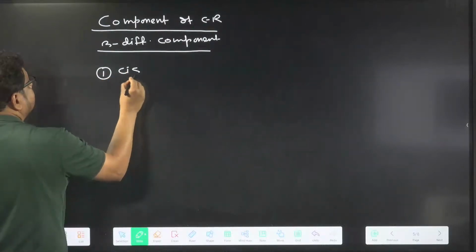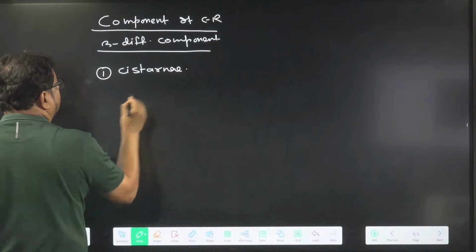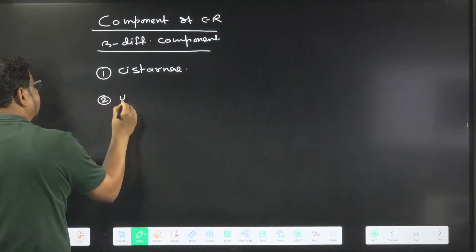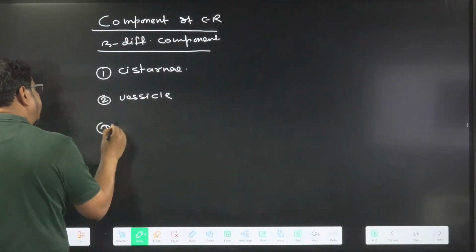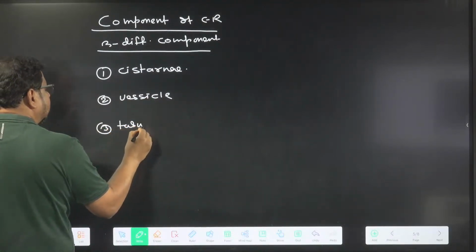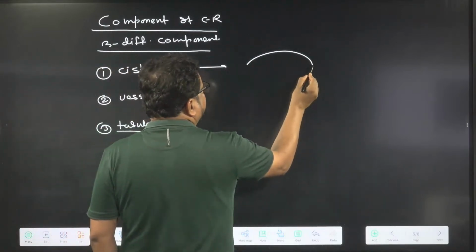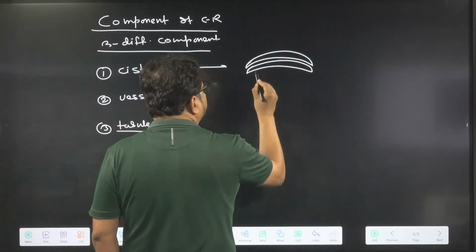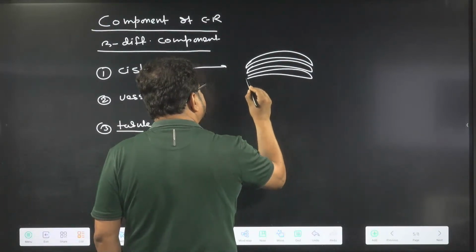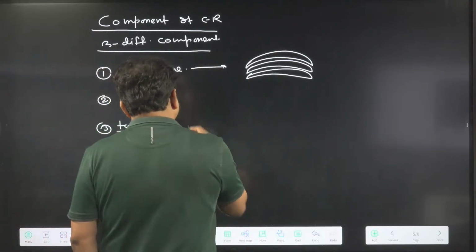One component is cisternae, another component is vesicle, and the third component is tubule. Cisternae are flattened, unbranched, stack-like structures. They look like this. They stack over each other.